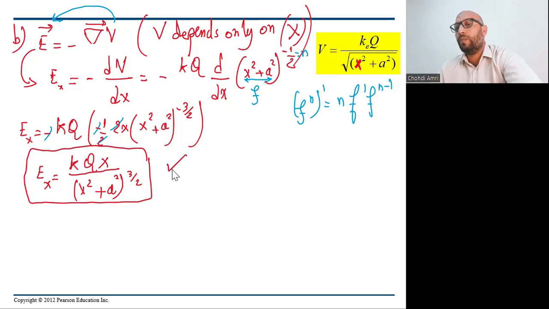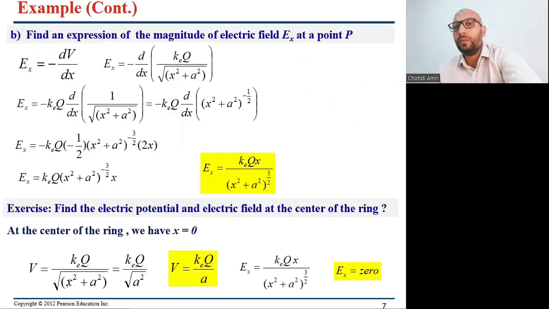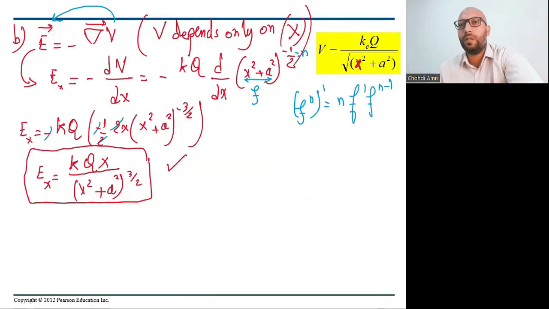We are done. Let's move to the next question. And the next question, he said, find the electric potential and the electric field at the center of the ring. At the center. Question C said, at the center.